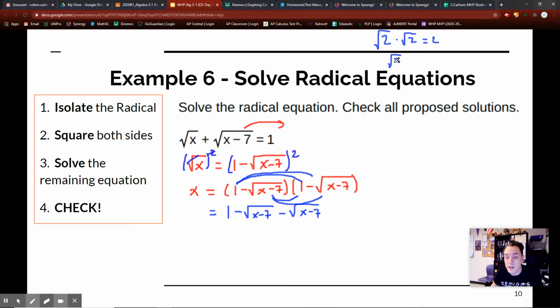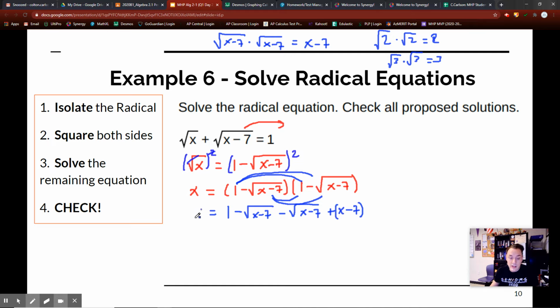If we took radical 3 times radical 3, it is 3. So what happens when I take radical x minus 7 times radical x minus 7? It should be x minus 7, the exact same thing. It is that base, right? A negative times a negative gives me a positive, and then I have x minus 7 here. So x and then minus 7. Technically this would be in parentheses, but it doesn't really matter because it's a positive.